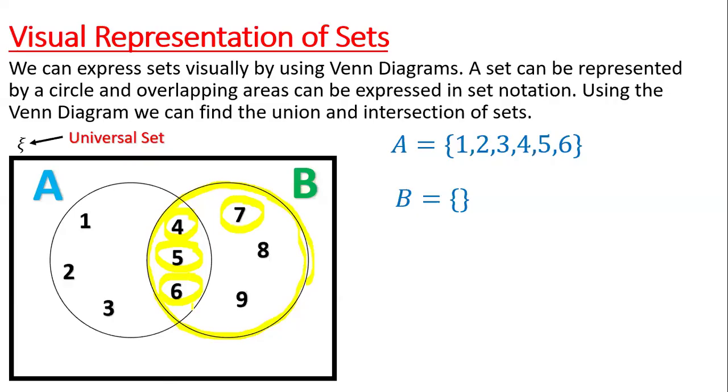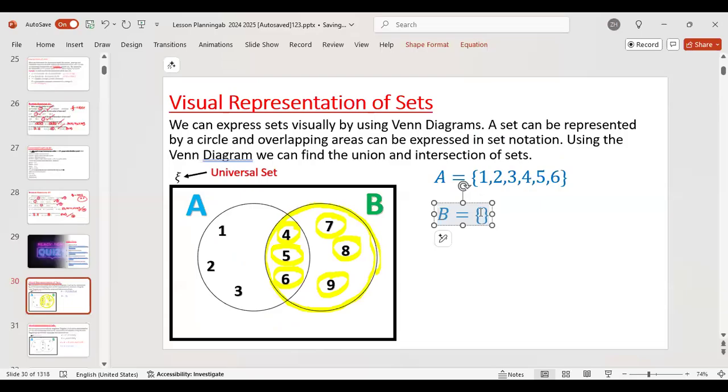The middle is the intersection: 4, 5, 6. And then 7, 8, and 9. Does that make sense? So for this one, we're going to have 4, 5, 6, 7, 8, and 9.